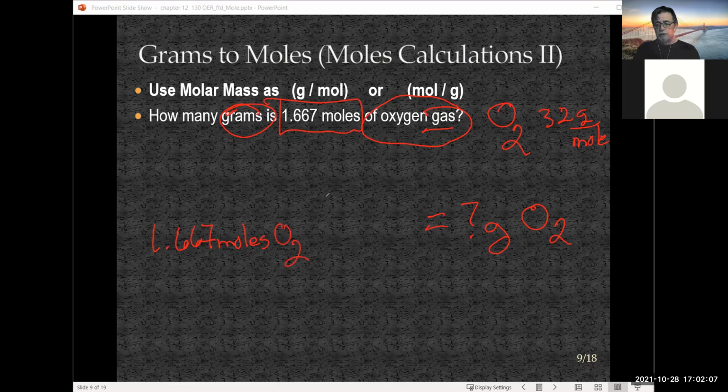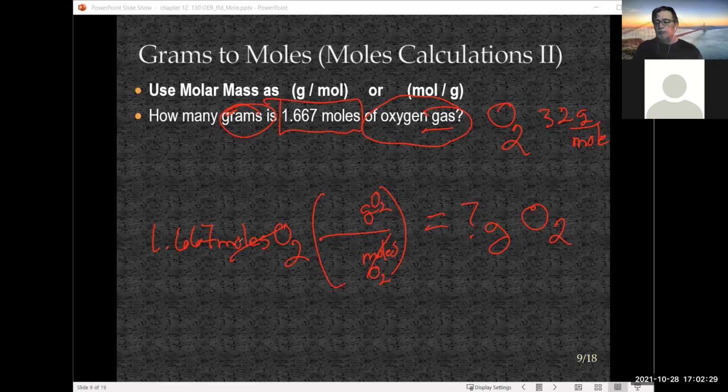Obviously, we're going to have a conversion factor here. I'm going to have a conversion factor with moles in the denominator and grams in the numerator. And we're talking about oxygen, so it's understood that we're talking about oxygen here. So our moles of oxygen cancel out. So I got the units set up properly.